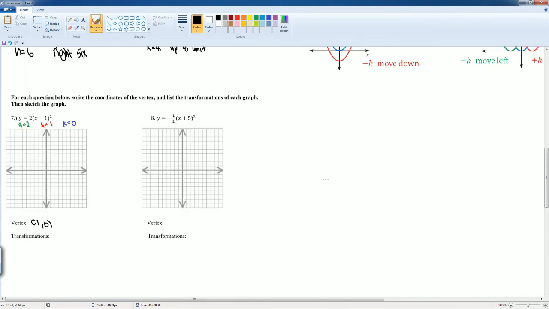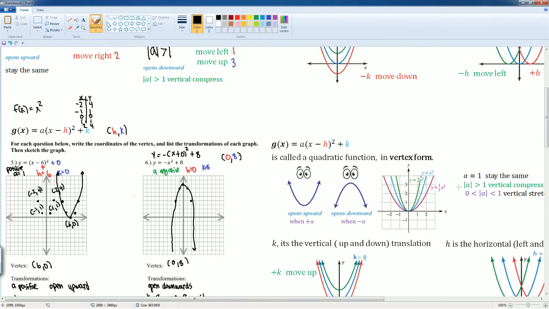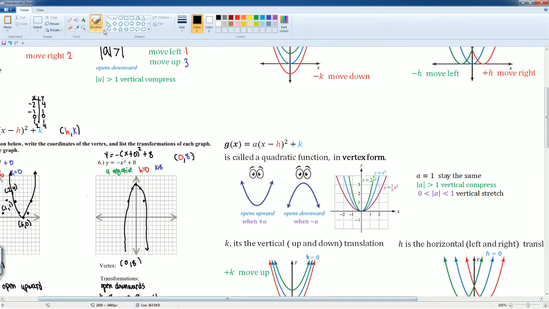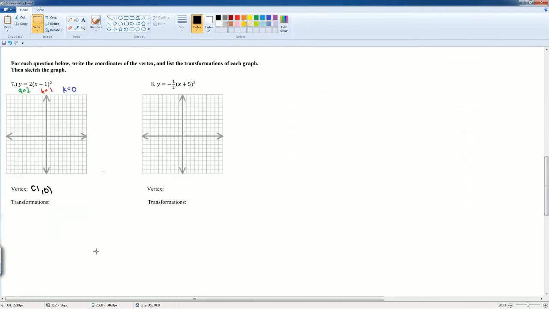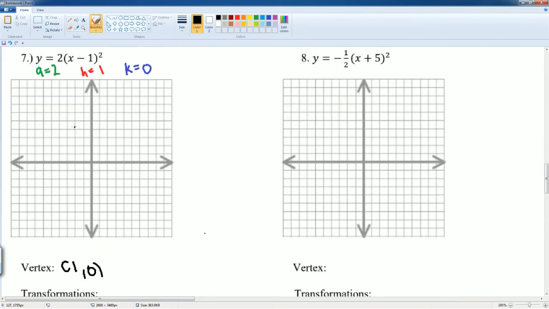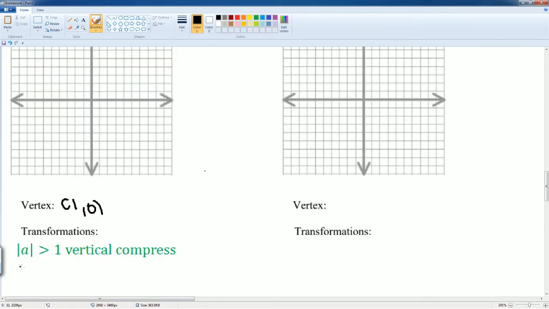And we know what 2 means? It's a vertical compression. Okay, so it's a vertical compression. So it opens up.